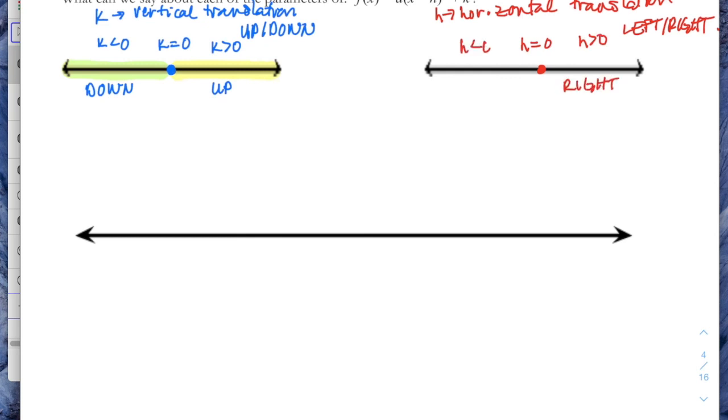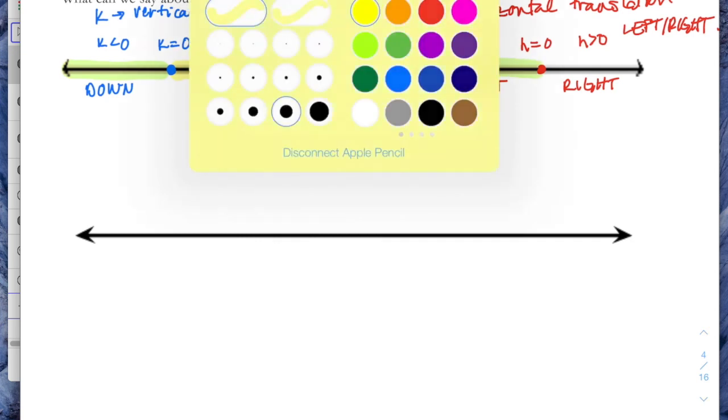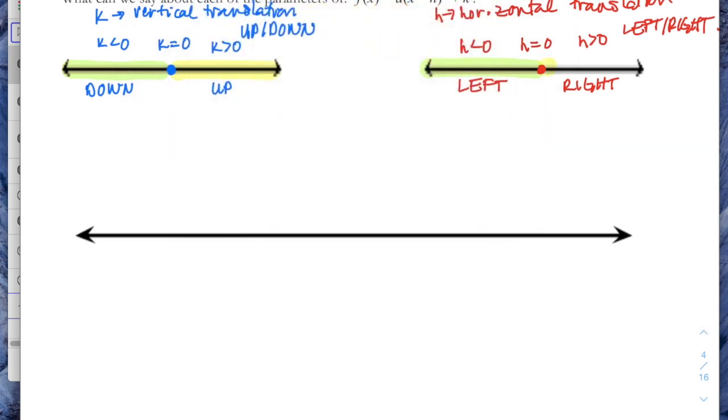When H is less than 0, we're going left. And we just said to remember to keep in mind that H is separate from this negative sign. So for example, if I gave you y equals (2x minus 4) squared, H is 4, for example.